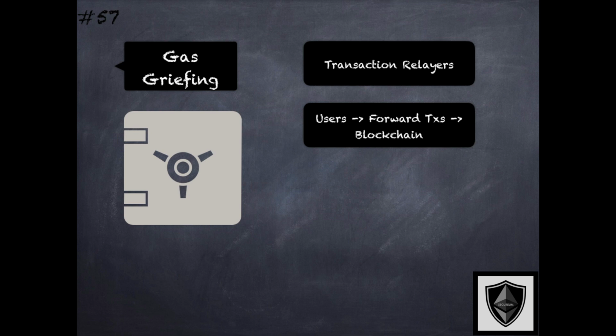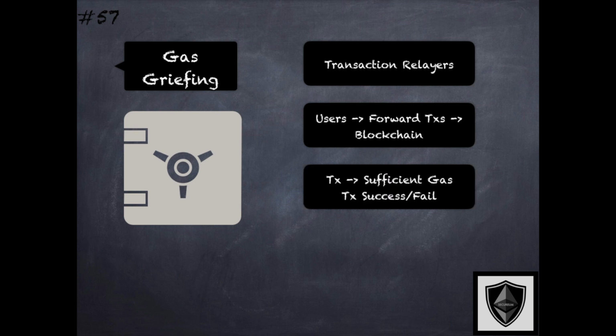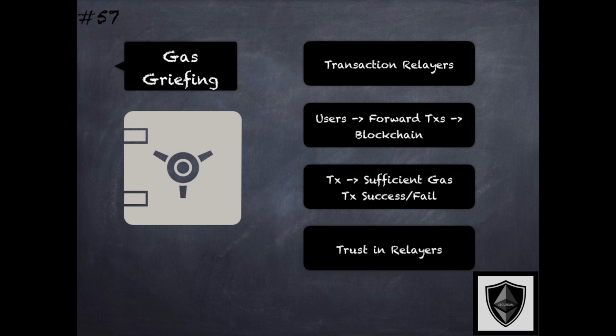And in this scenario, the users typically compensate the relayers for the gas out of band. In such situations, it becomes necessary for the users to trust the transaction relayers to forward their transactions with a sufficient amount of gas so that their transactions do not fail.